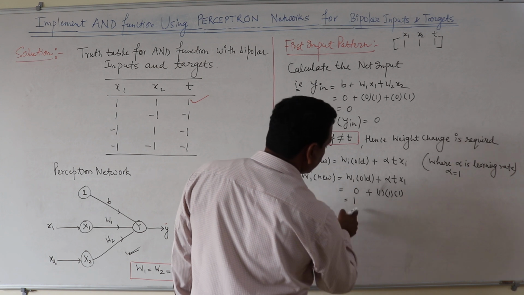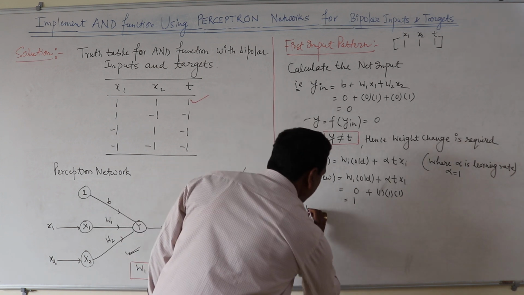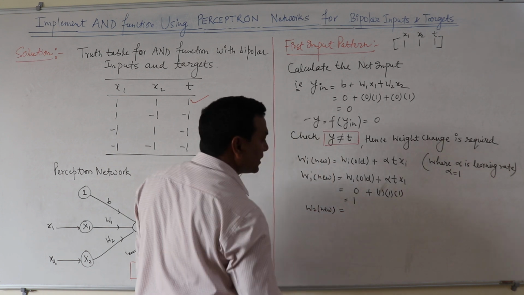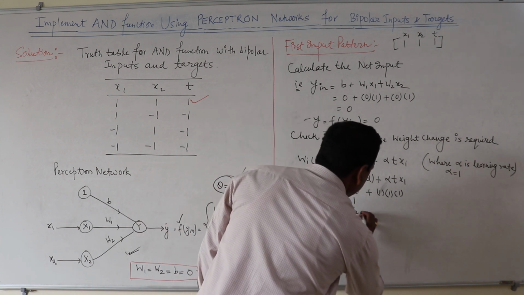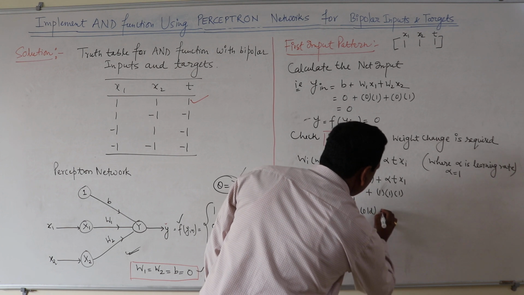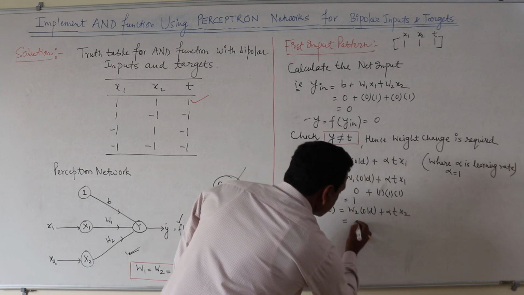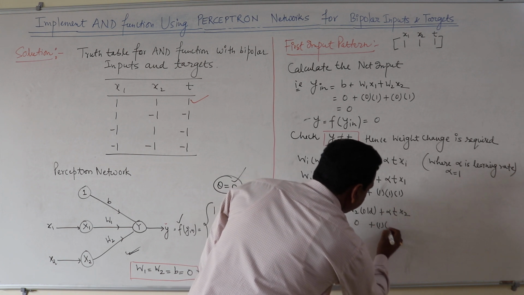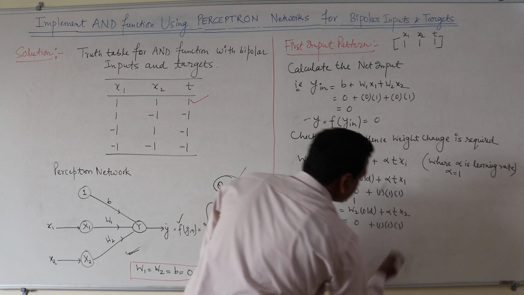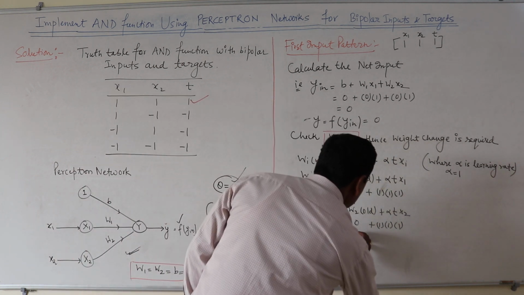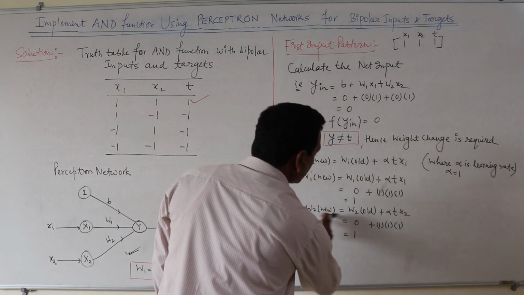So W1 new is 1. Now W2 new, in the same way we can calculate this: W2 old plus alpha t x2. This is 0, this is 1, this is also 1. It also comes out to be 1. So W2 new is also 1.